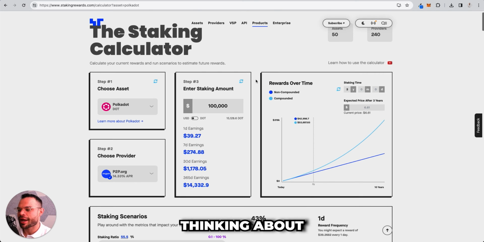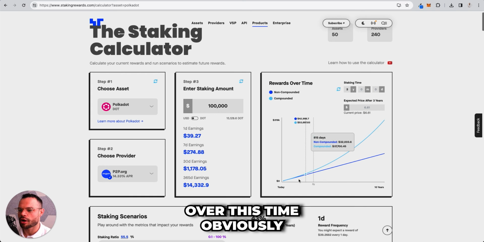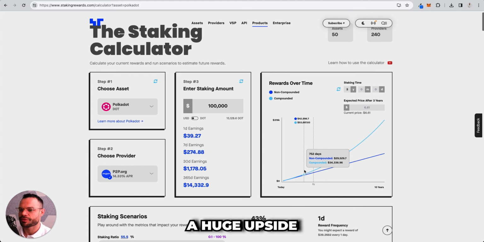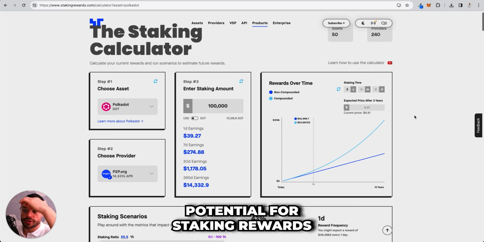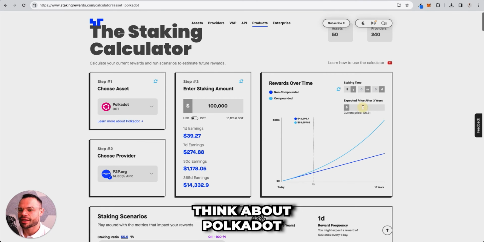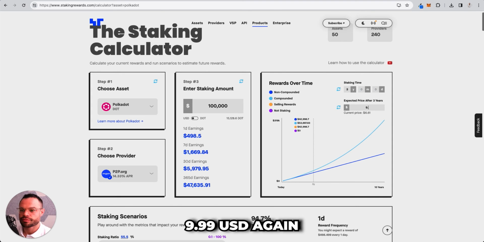So even without thinking about an increase in price for Polkadot over this time, obviously there is a huge upside potential for staking rewards. And then if we think about Polkadot potentially getting closer to $10 by the height of the bull run, let's just put in 9.99 US dollars.